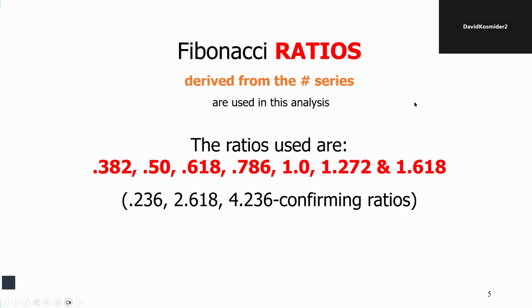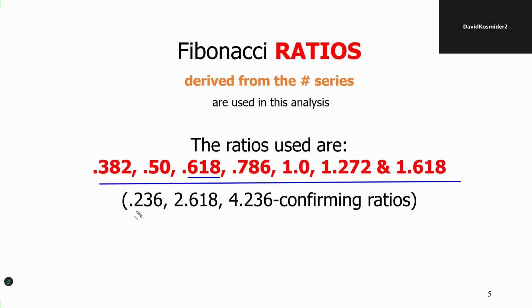Now, the ratios that I use that are derived from the series and used in this analysis are 38.2, 50%, 61.8, 78.6, 100%, 1.272, and 1.618. Well, that's a whole lot more than just the 61.8, but everything is mathematically related to each other.